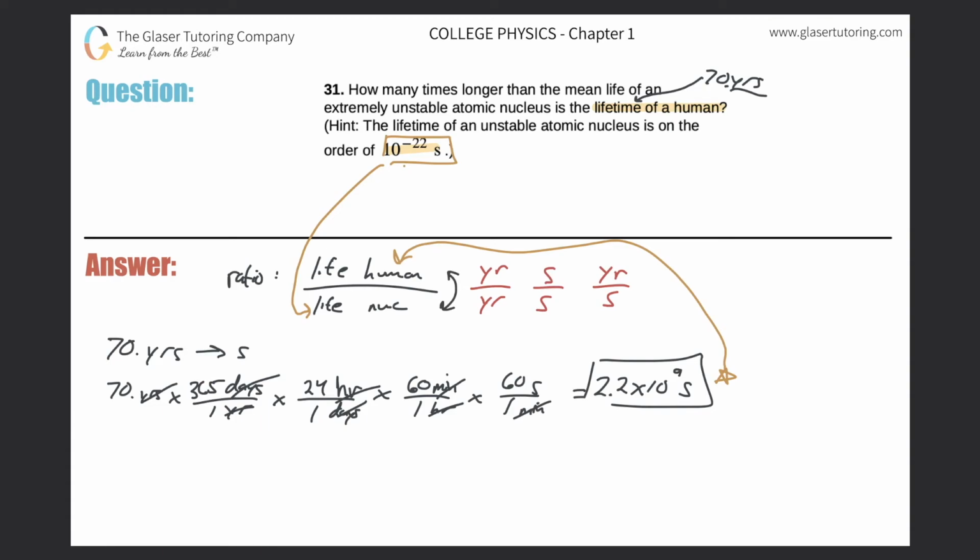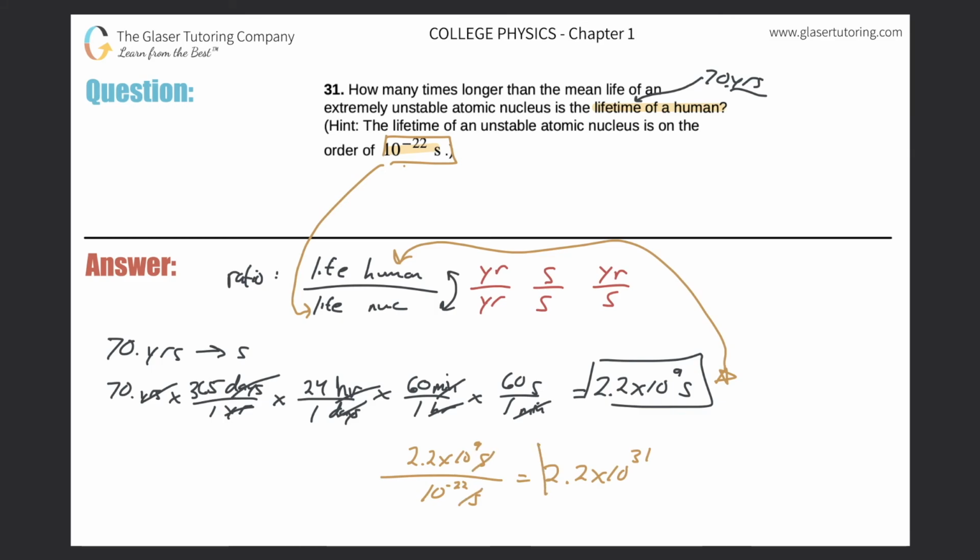I'm going to do that on the bottom of the page. So now we're going to take 2.2 times 10 to the 9 seconds divided by 10 raised to the negative 22 seconds. So now let's do that division. So 2.2 times 10 to the 9 divided by 10 raised to the negative 22. And this works out to be some insane number, right? 2.2 times 10 to the 31. Right now it's unitless because the seconds have canceled.